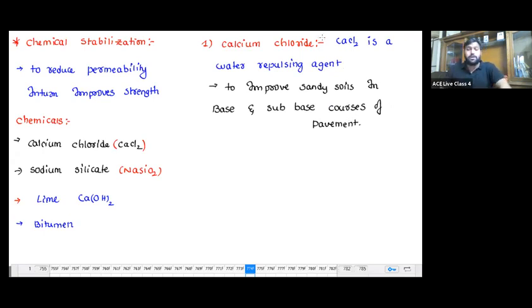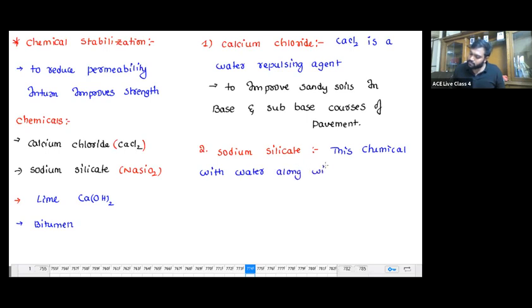Now the second one is sodium silicate. So what is this sodium silicate, sir? Whenever you add sodium silicate with water, along with calcium chloride, you are going to use both: sodium silicate plus water plus calcium chloride.